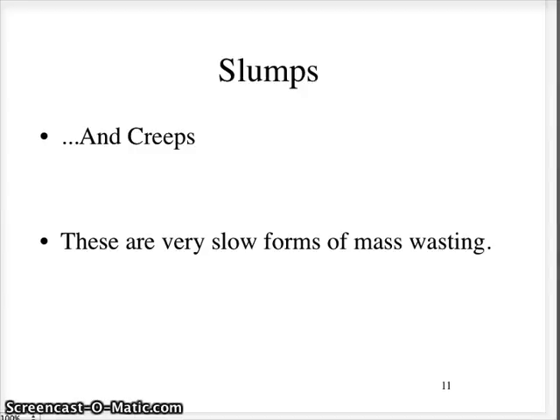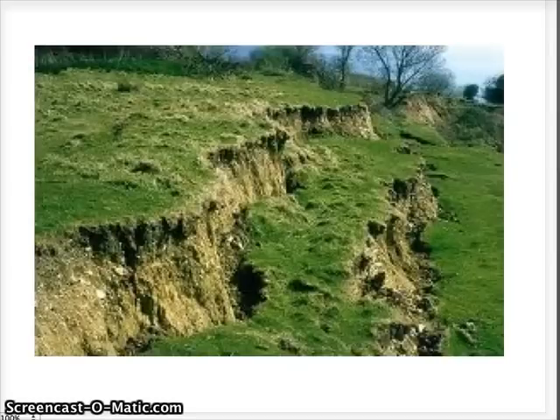A couple of slow forms of mass wasting have to do with slumps and creeps. Now, slump is an example like this. You can see here we have this side of a little hill, and you have exactly the same thing that happened in a larger form of mass wasting, except it took a long time.